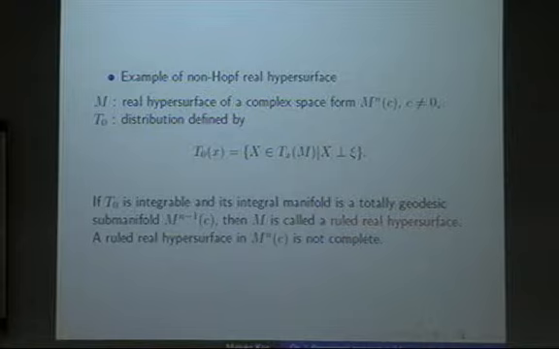If this distribution T0 is integrable, and its integral manifold is a totally geodesic submanifold of an (n-1)-dimensional complex space form, then the real hypersurface is called a ruled real hypersurface, which is not a Hopf hypersurface, and we remark that it is not compact. We use it later.